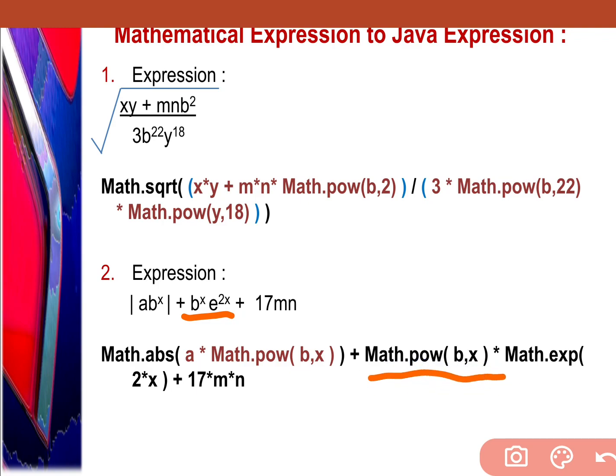See, b to the power x into Math.exp. E means exp. E to the power 2x, that's why I wrote 2 into x. 2x means 2 into x. Plus 17 into m into n.